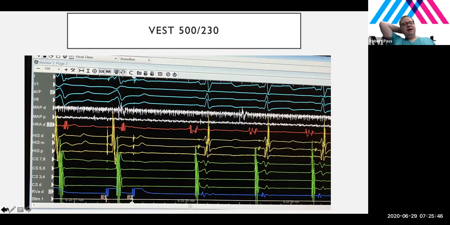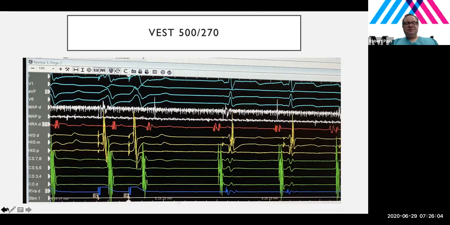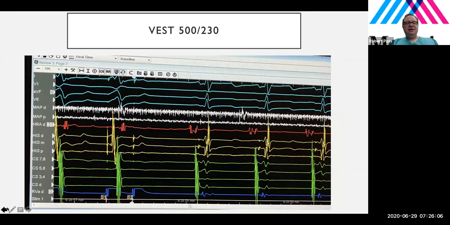But how are we going to map this? So the pathway so far, we have only been able to demonstrate in tachycardia or with adenosine. And we can't give adenosine 63 times during this procedure so that we can demonstrate the eccentric conduction.